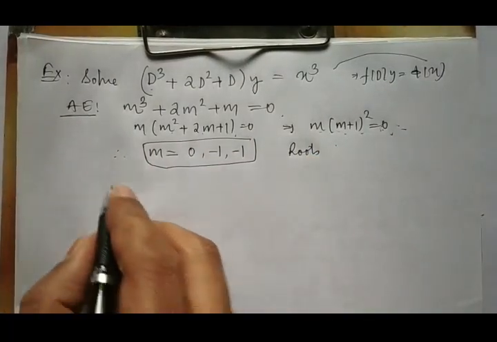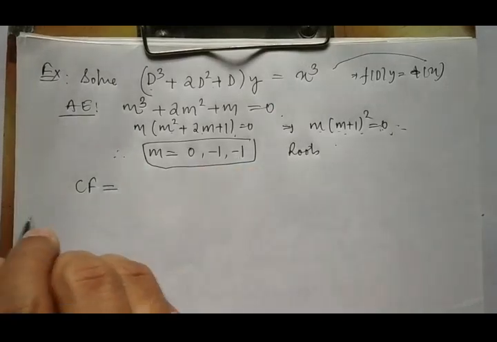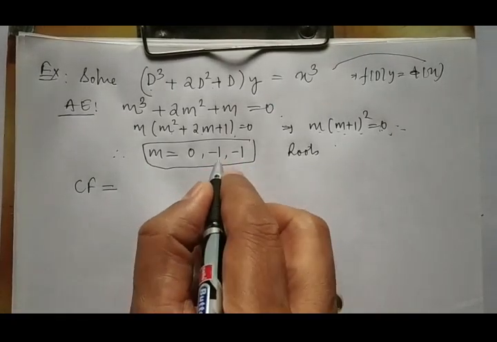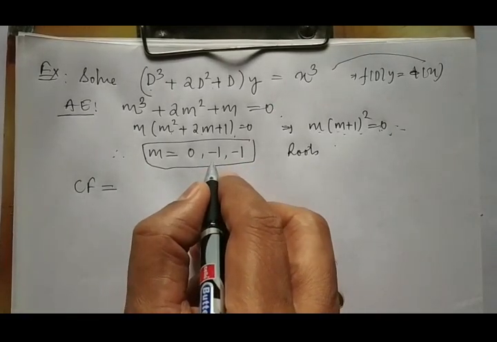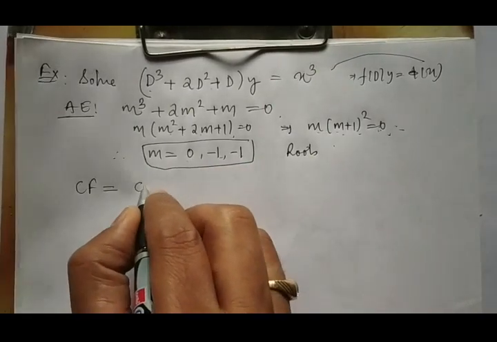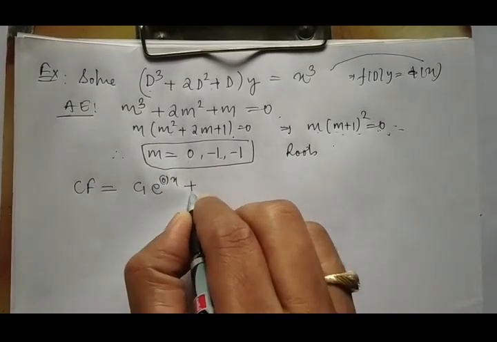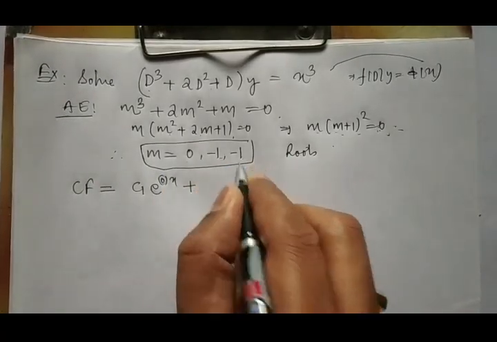Then we calculate its complementary function. What is complementary function as per these roots? We can see here all the three roots are real, but different. These two are same and this is different. Therefore, it is C1 into e raised to 0 times x plus these two roots are same.